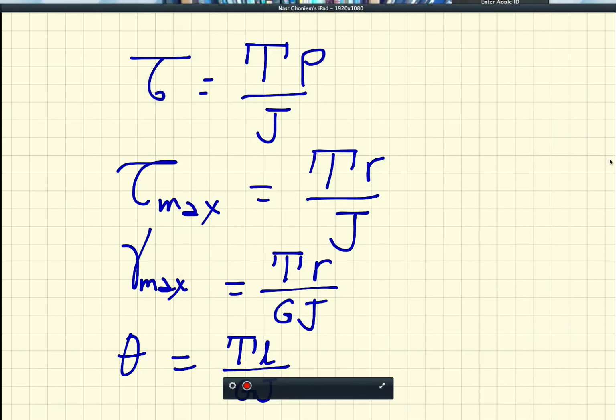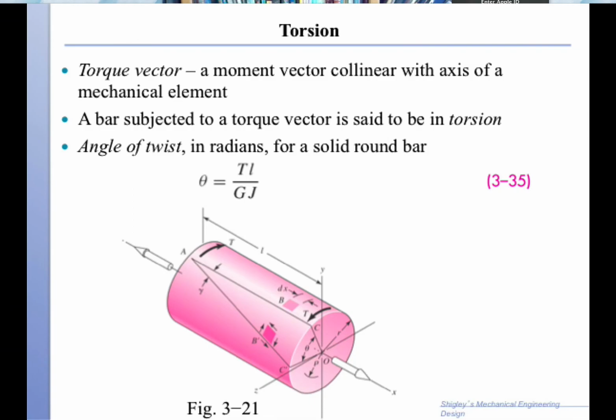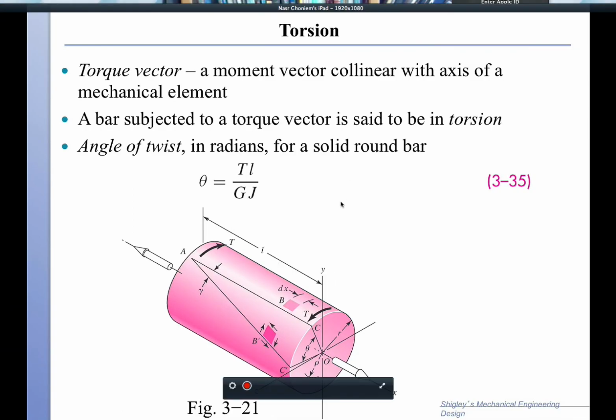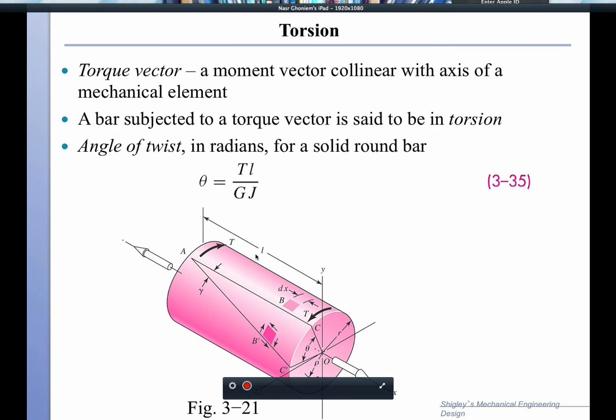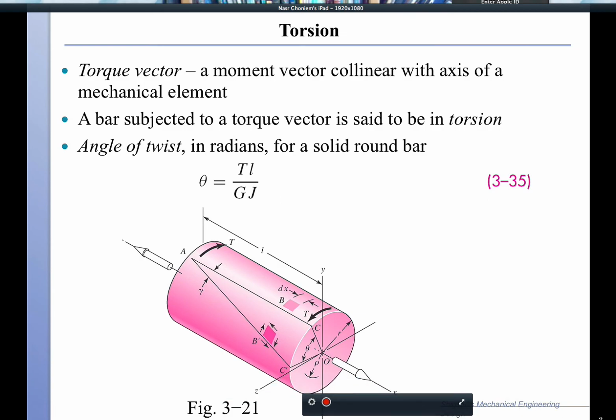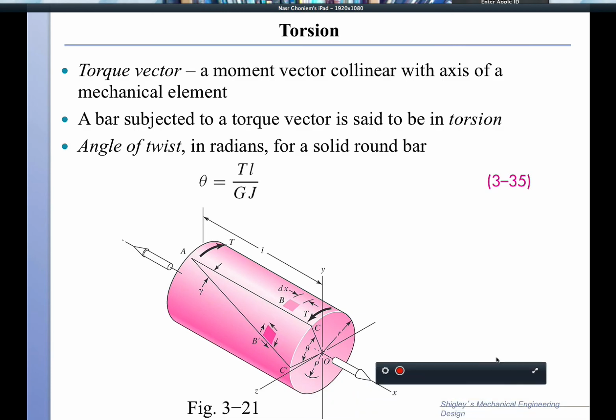So if we look at this, we'll see that this is the main result, and you can see here that the angle theta is TL over GJ, as we indicated before, and that the torque is represented with a thick arrow along this axis here.